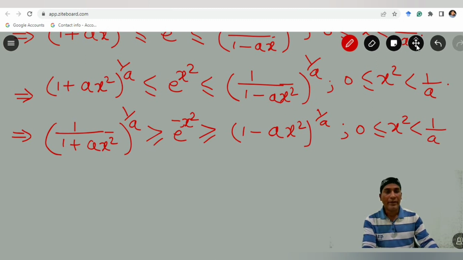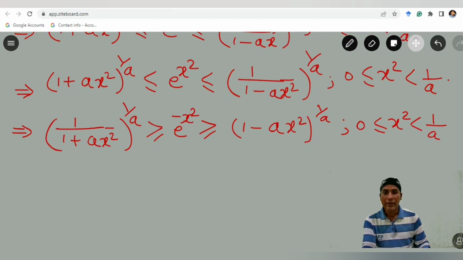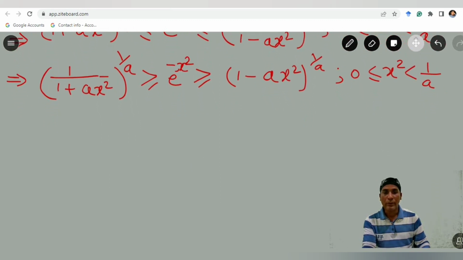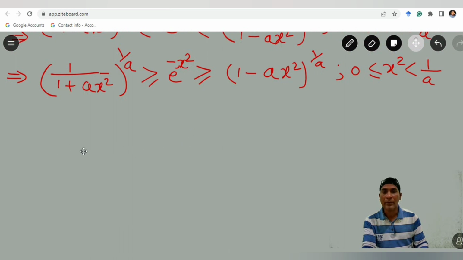Now let me write these inequalities in a better way. That means I will write first the lower bound of e power negative x square and then the upper bound of e power negative x square.